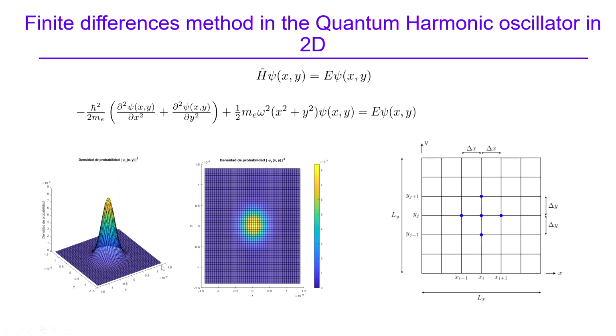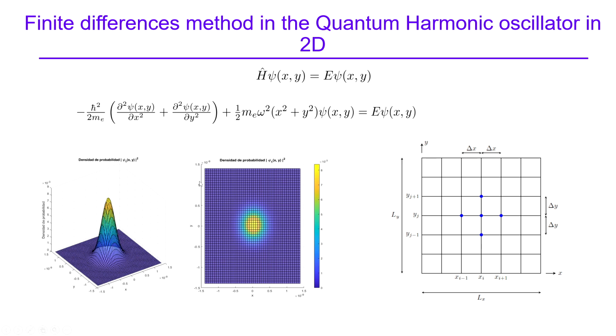This means the probability density. That means the probability of where the electron is, right? What is the probability to find the electron? That is summarized in this graphic, which in this case is in 2 dimensions.